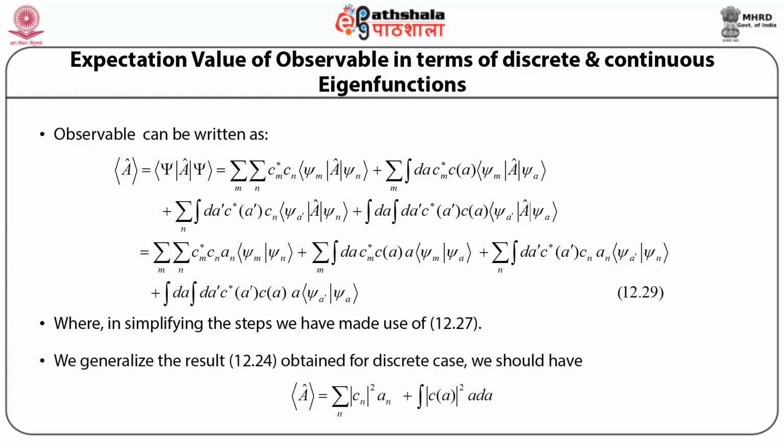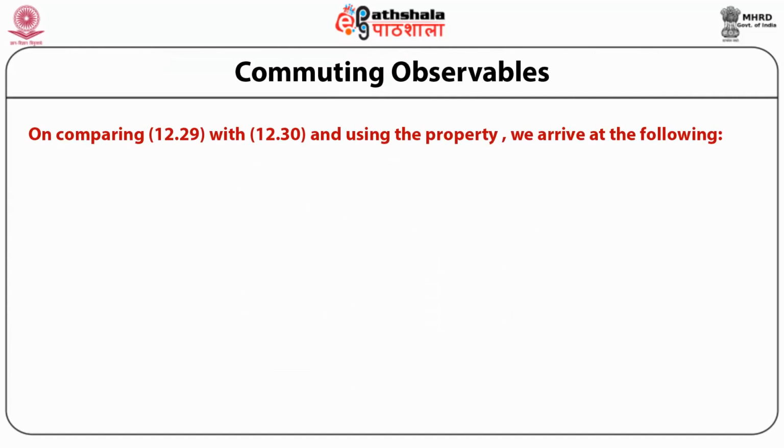Now, if we generalize the result of equation 24 obtained for the discrete case, we should have the expectation value of operator A equal to summation over n square of modulus Cn an plus integral of square of modulus C of A times A dA. On comparing equation 29 with 30 and using the property, we arrive at the following conclusions.